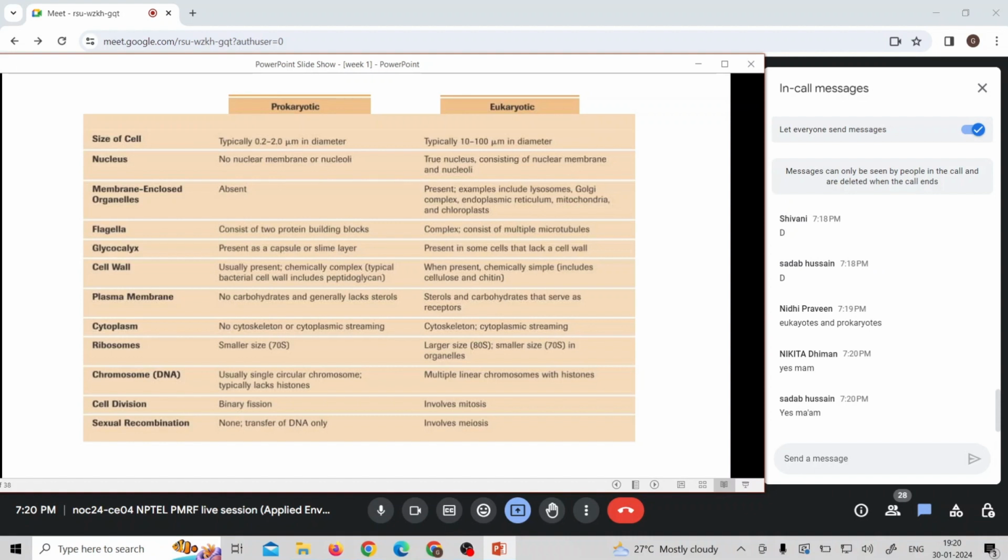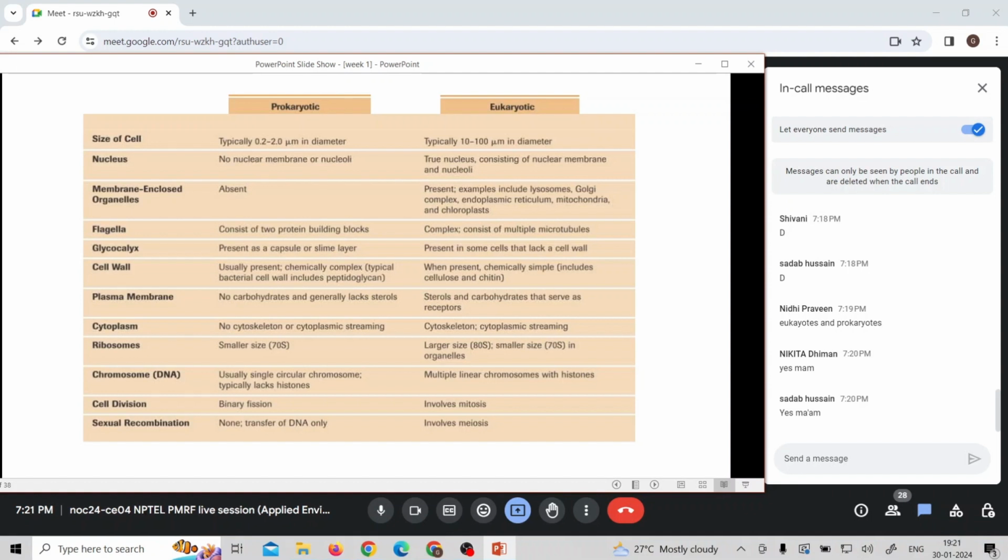Do you know what that portion of the genetic material embedded in a prokaryotic cell is called? Ma'am, can you please repeat once again? Okay. So we all know that prokaryotes do not have a membrane-bound nucleus, right?